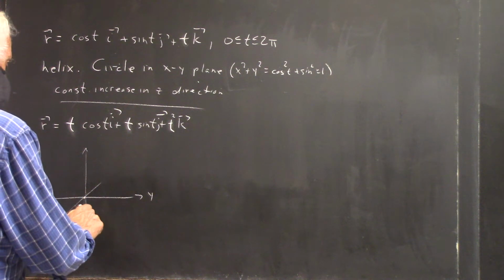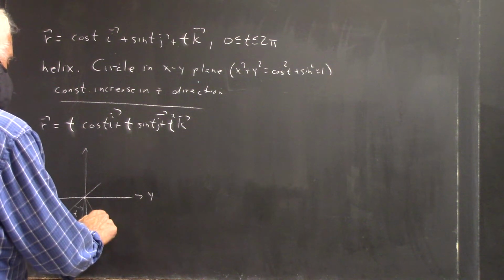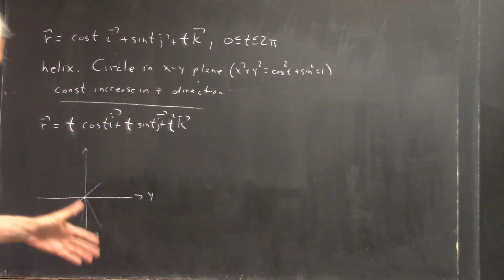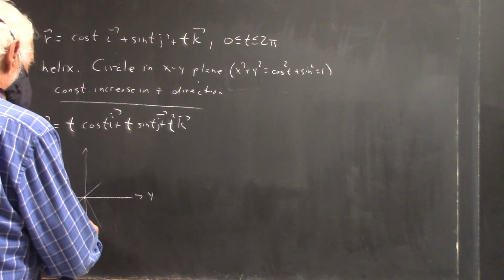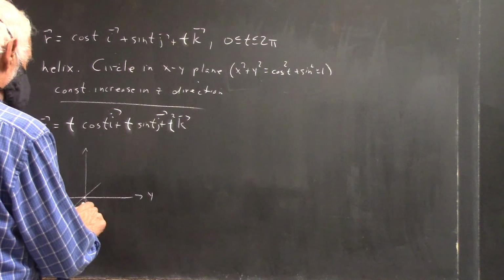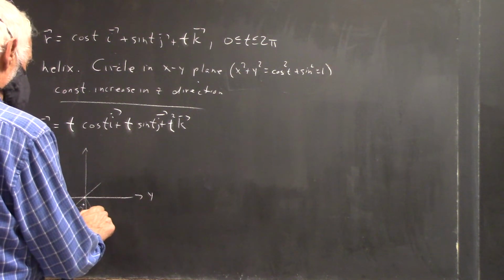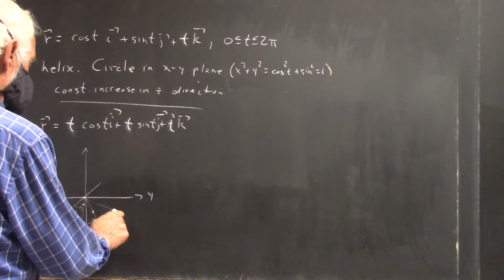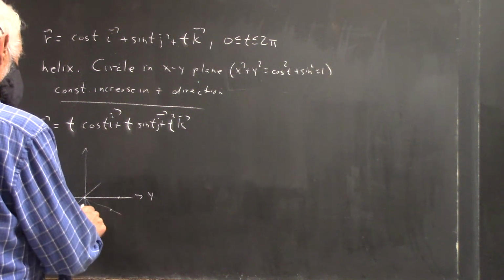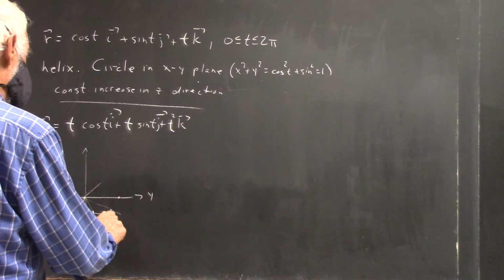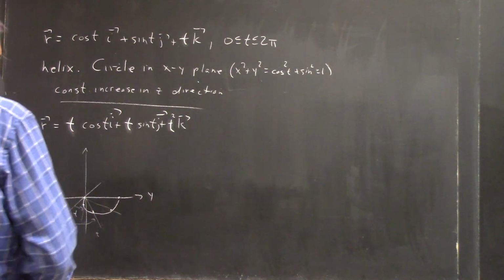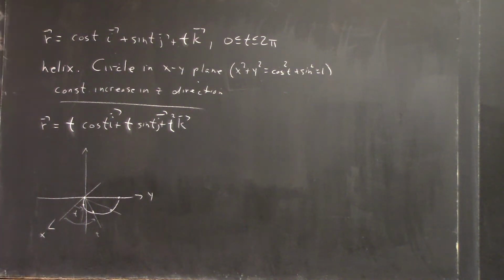Okay, so here's t, and then a little later, here's another t, and these aren't really t's because they aren't the same, but you get the idea. Your angle here keeps increasing, and your distance from the origin increases along with that angle. Okay, so you double the angle, you get this, you triple the angle, and you get out here, and it keeps spiraling outwards. It gets back here and out here. So you see what's happening.